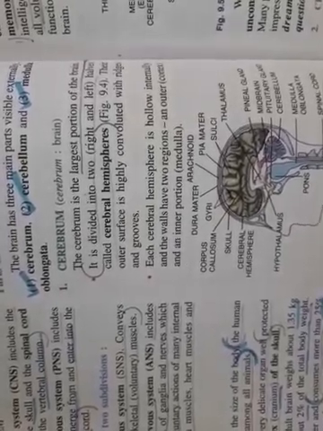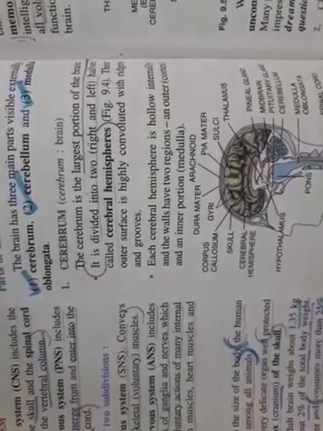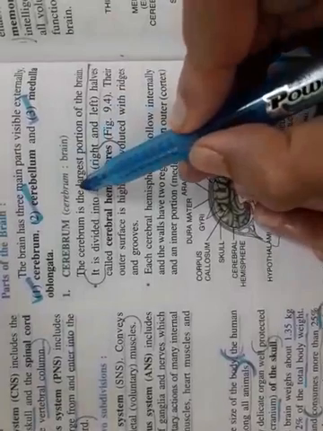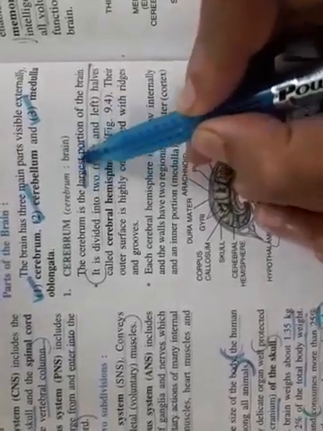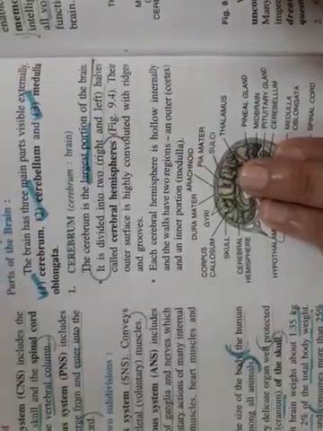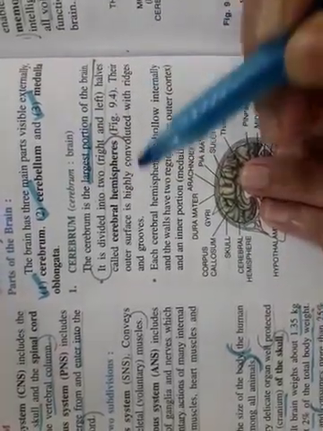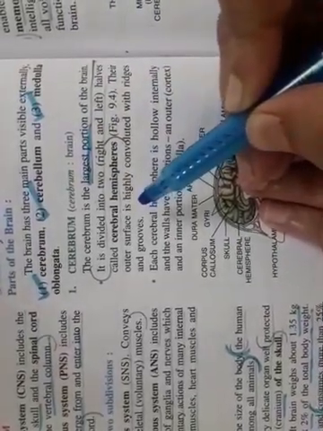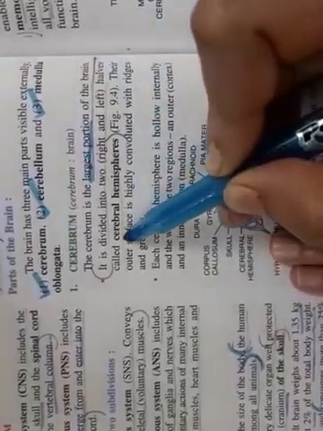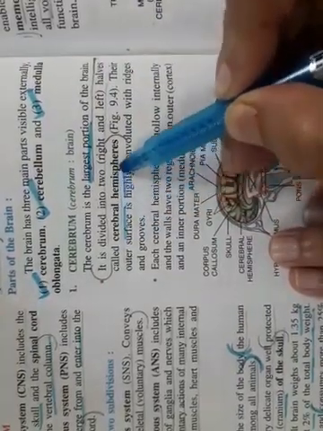Cerebrum. Cerebrum is the largest portion of the brain. I repeat, largest portion of the brain is cerebrum. It is divided into two halves, right and left, which are called cerebral hemispheres.